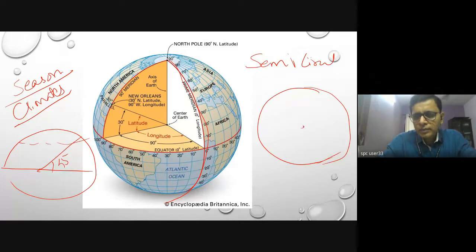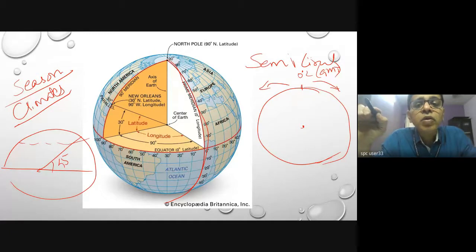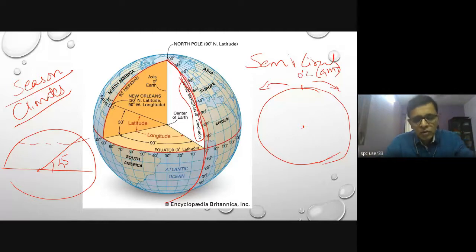You have a center. Now you have to mark a point of reference, because you're going to measure the angles from that point of reference. That point of reference is 0 degrees longitude, today also called the GMT. You'll see that this line here, which reads the prime meridian, they have cut the earth along that very line.